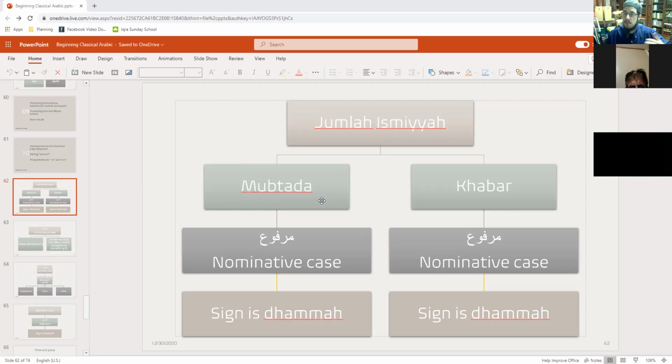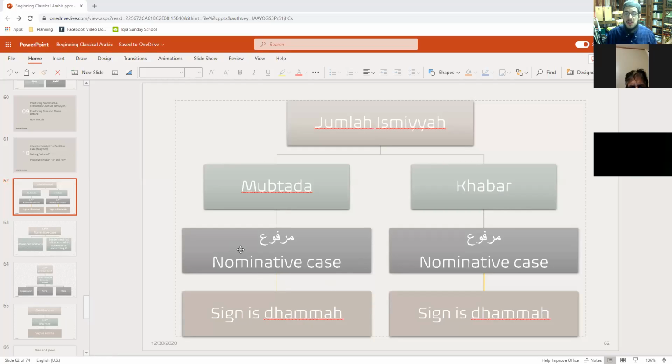And this complication has an impact on the words and the grammar that they manifest. We're still in jumla ismiya, but in our early simple examples, the mubtada and the khabar both are in the nominative case, marfu', and they show that by having a dhamma on the end.